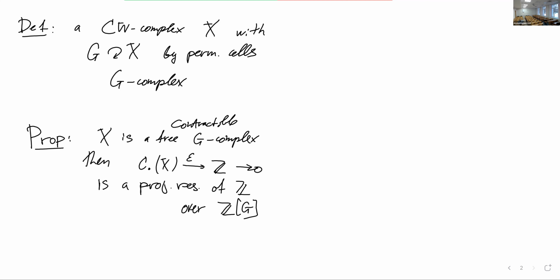So we have a free resolution of Z, and this is free, thanks to projective resolution. Yes. Right.